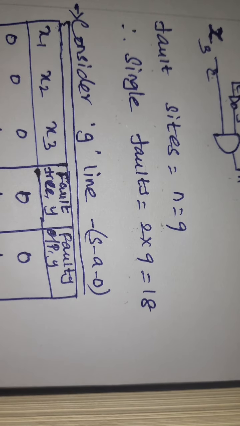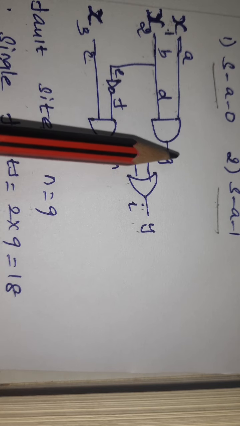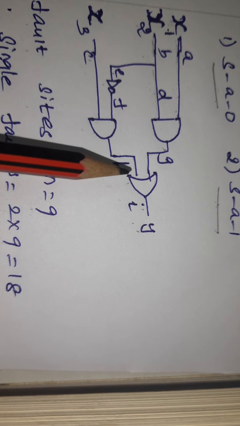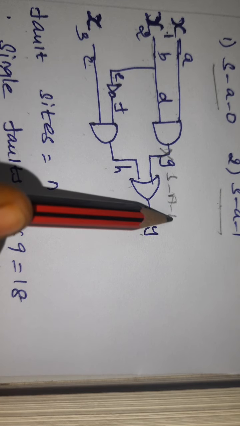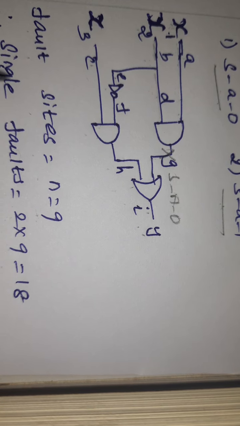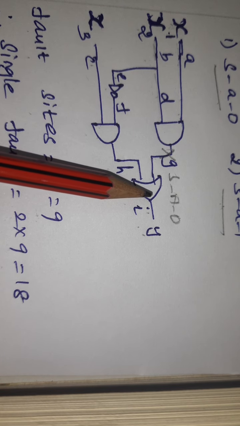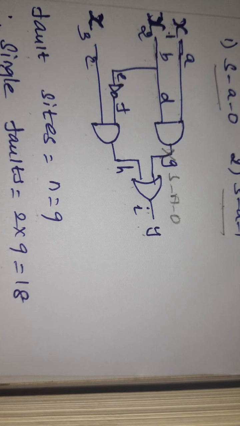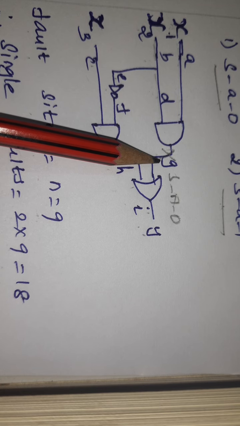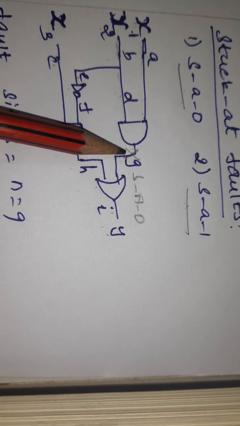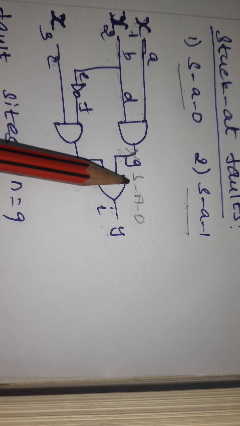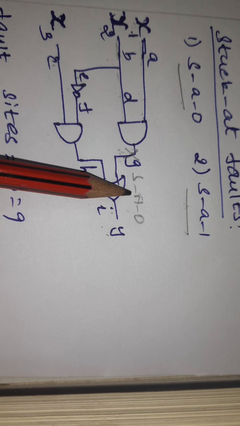Next, we are going to consider that this G line is affected by stuck at 0. From this circuit fault, we can find the test vector. Which test vector is going to identify this fault present in our circuit? Let us discuss step by step. Now consider this G line is affected by stuck at 0. This is our given statement.